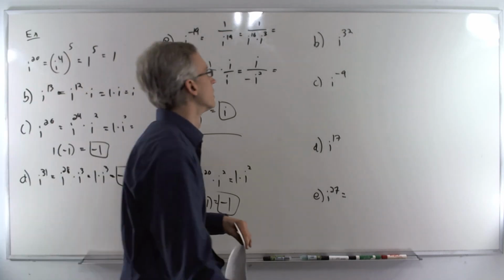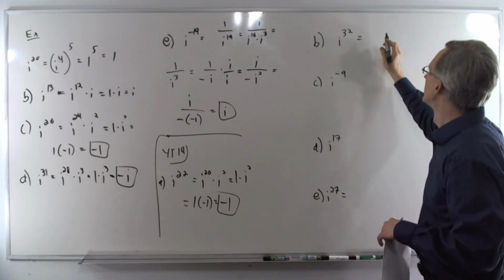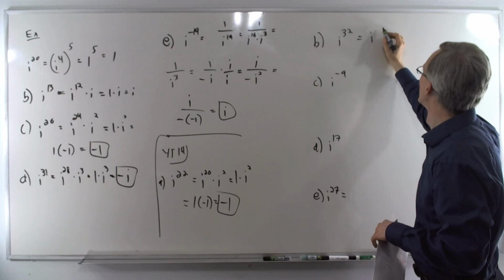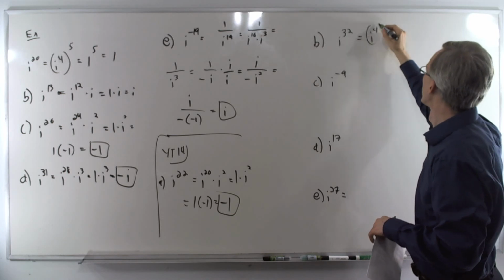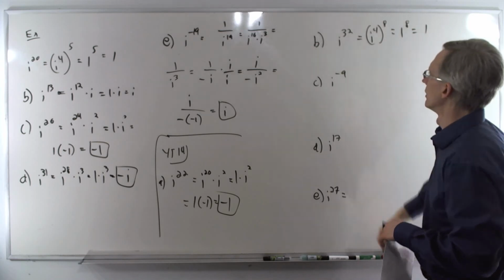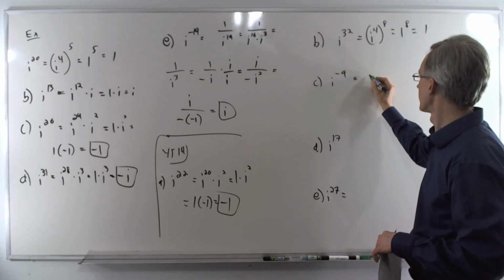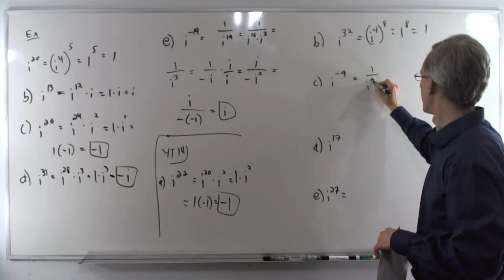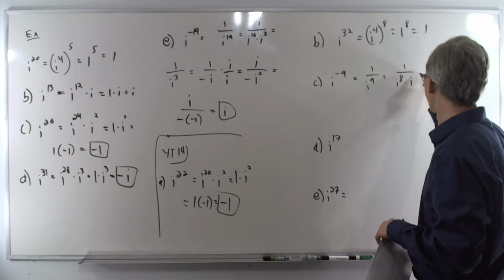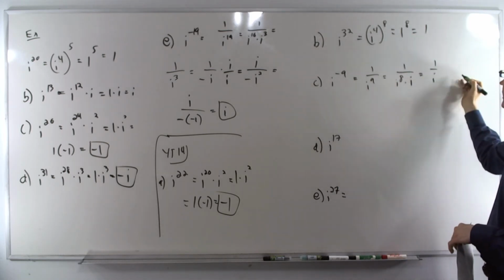Part B. 32 is a multiple of 4. So that will be i to the 4th power to the 8th power, which is 1 to the 8th, which is 1. Got another negative exponent there, so we'll write that as 1 over i to the 9th power, which is 1 over i to the 8th times i. i to the 8th is 1, so this is 1 over i.